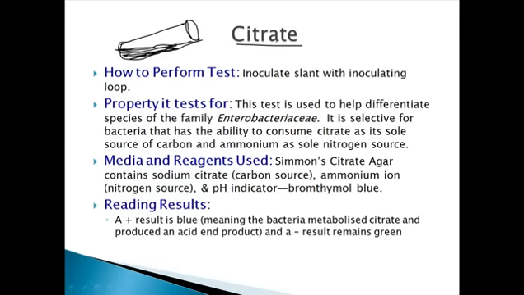Not only that, but the citrate medium is called Simmons citrate, after the inventor of this medium. We have the agar containing sodium citrate, which is the main carbon source for the medium. So only those bacteria that can take up sodium citrate as their main carbon source will give a positive test.